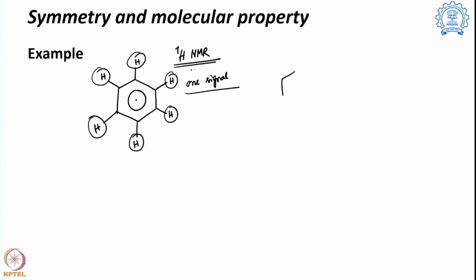Now take a variation of this same benzene molecule, but over here we are putting an X. So, instead of all hydrogen, now I break down the symmetry by putting a group X over here, and due to the presence of the X, the previous symmetry is now gone.